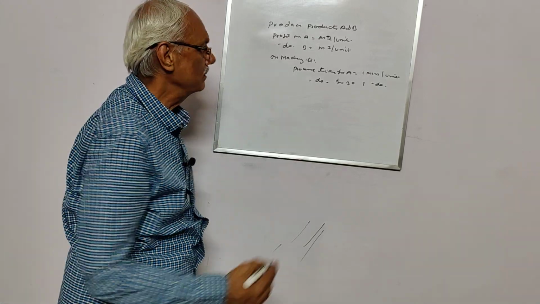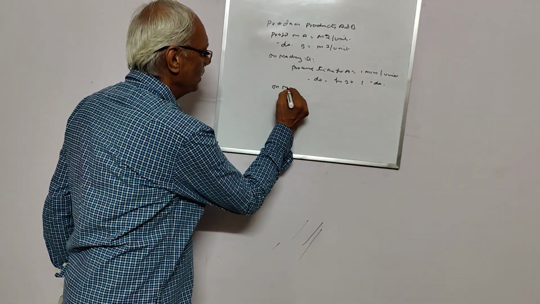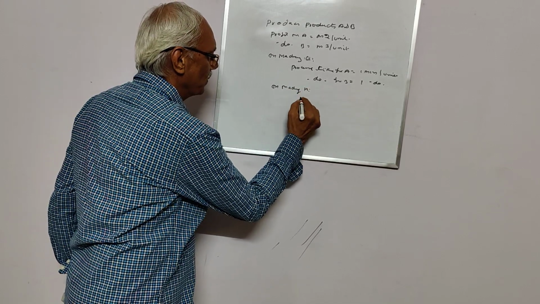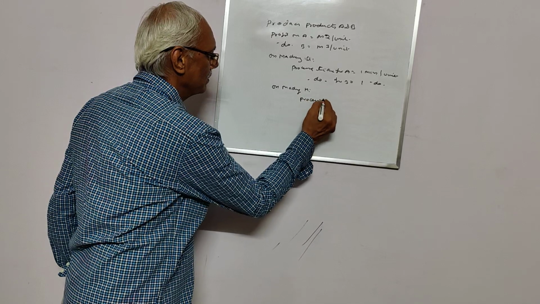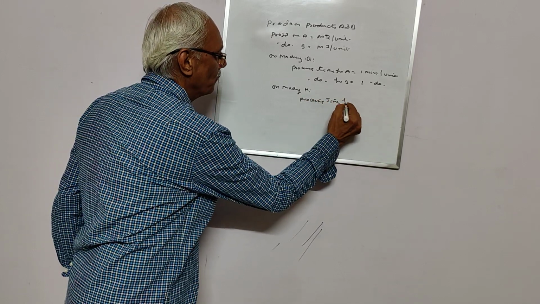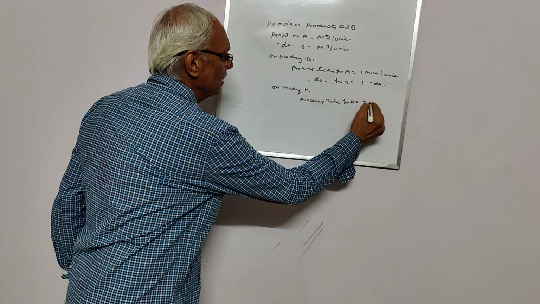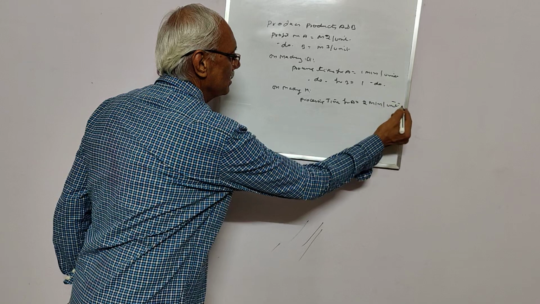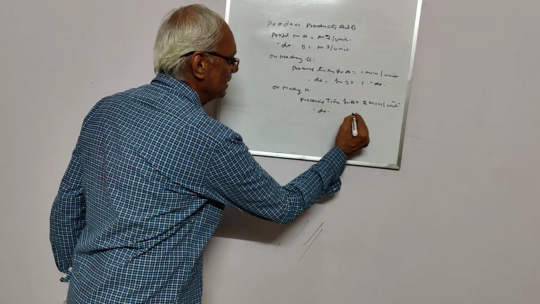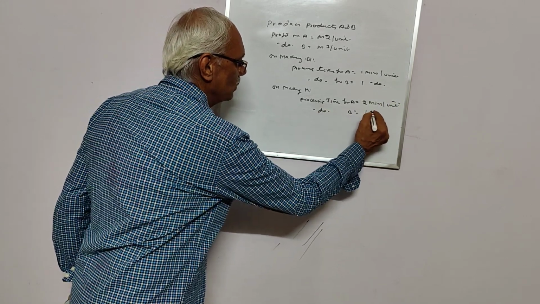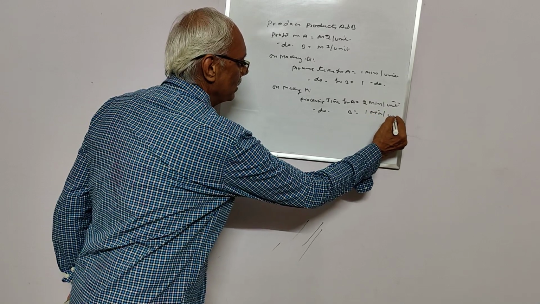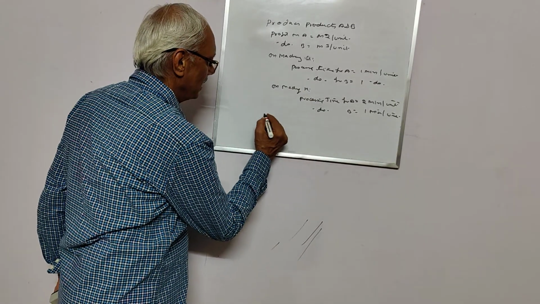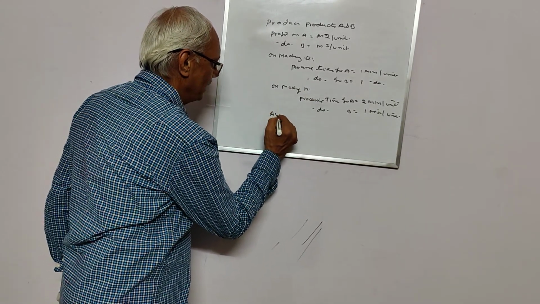Then on machinery H, processing time for A is equal to 2 minutes per unit and processing time for B is equal to 1 minute per unit.